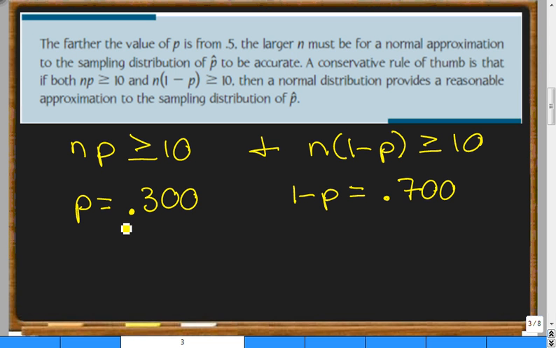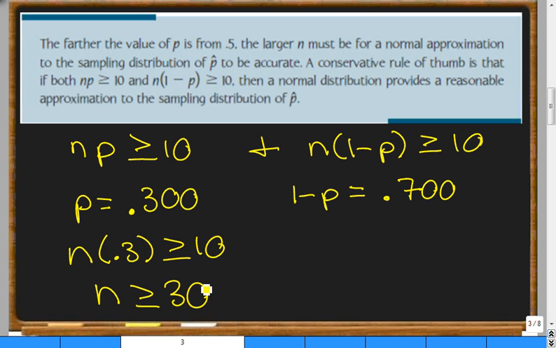So for this to happen, we would need n times p, which is 0.3, to be greater than or equal to 10. You should be able to find that n would have to be greater than or equal to 30 in order for this to happen.